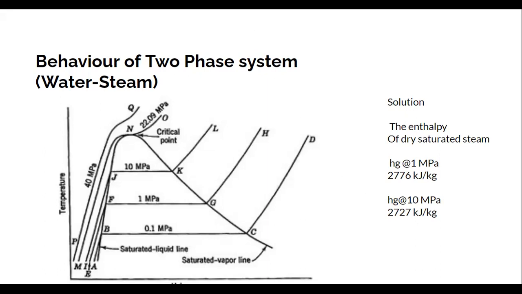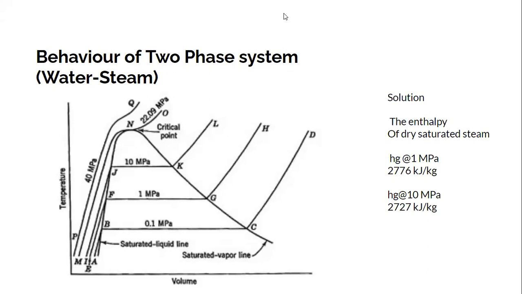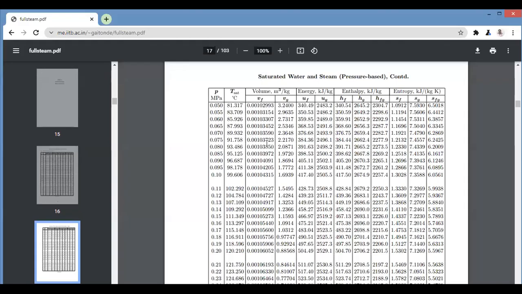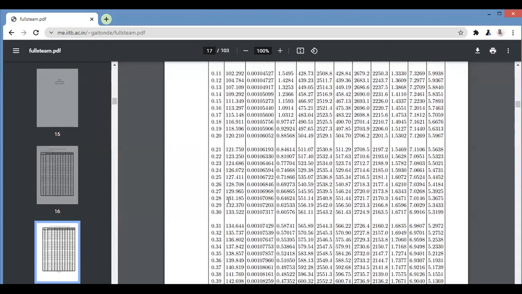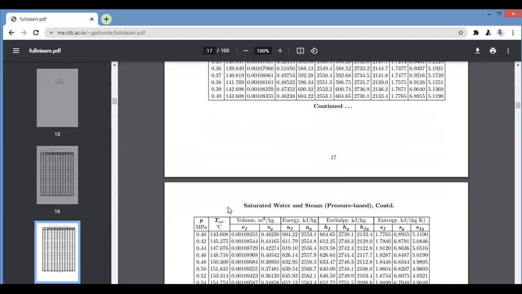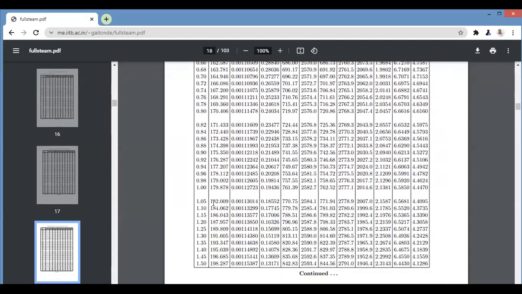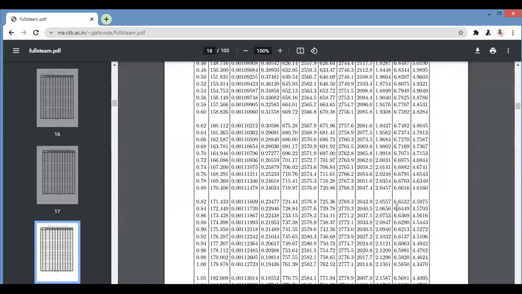Let me share the steam tables with you. We are finding some difficulty in getting this. Okay, so we talked about 1 megapascal and Hg. Look at this: the 1 megapascal Hg value is this.